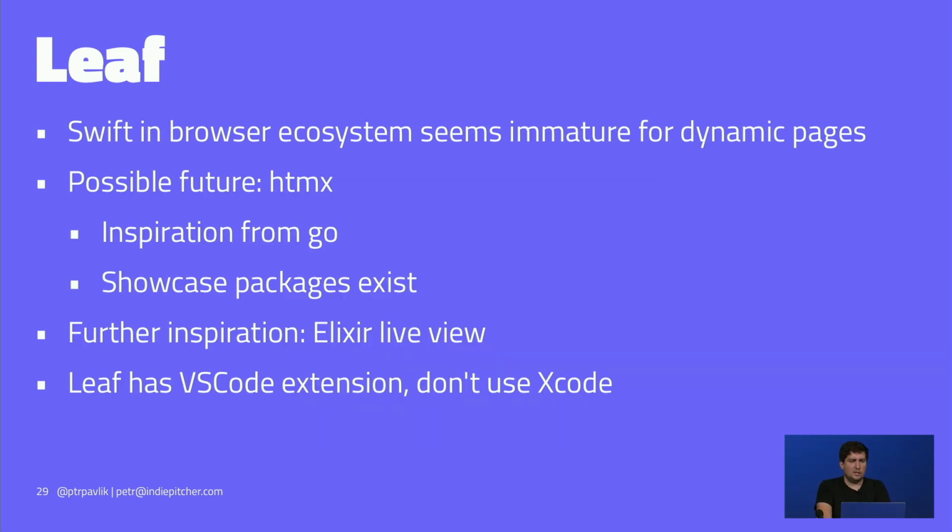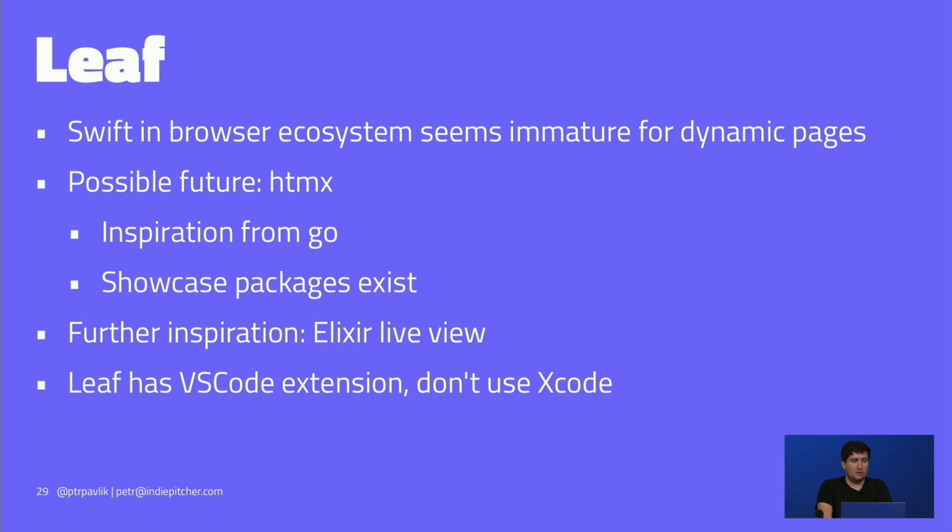Yeah, as far as I know, there's currently no reasonable way to make decent dynamic web pages using Swift. There are two possible futures I can imagine. One is HTMX, which there are already packages that use HTMX with Leaf or Mustache, so you can take a look at that.